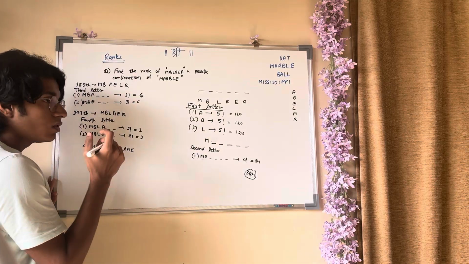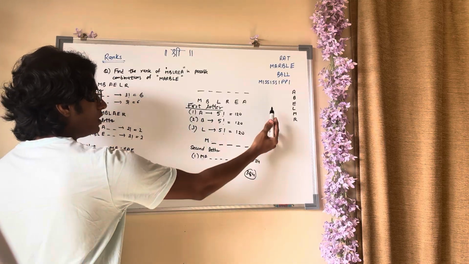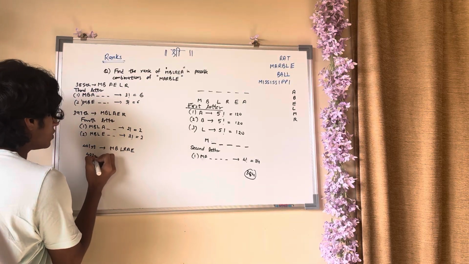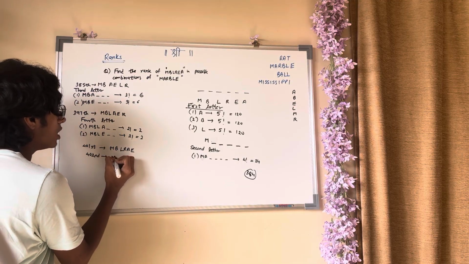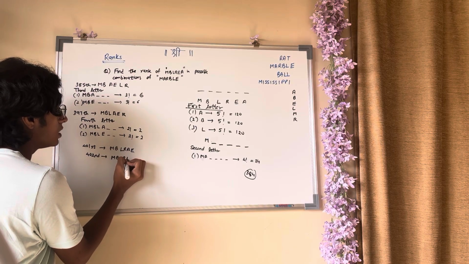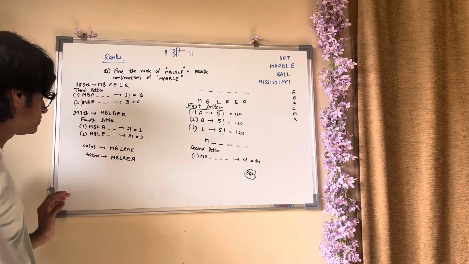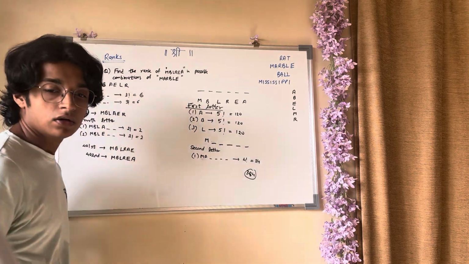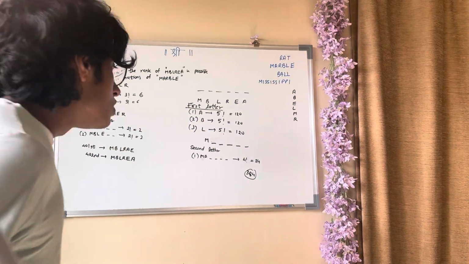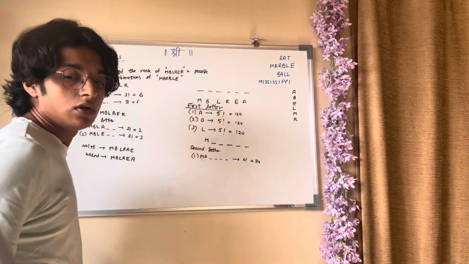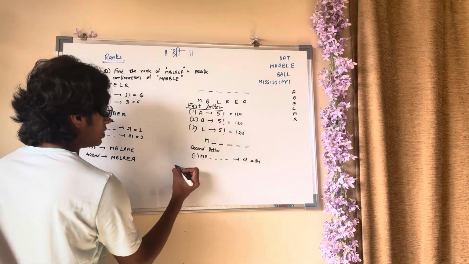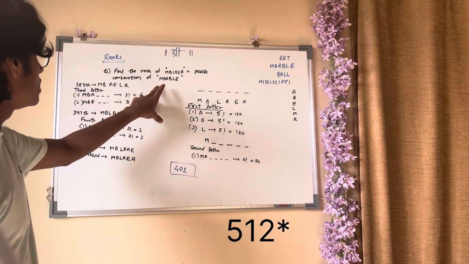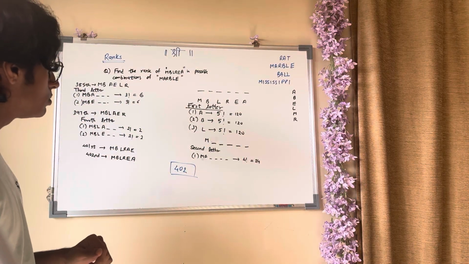So after A we have E, because that is the only letter remaining. So the 402nd word here would be MBLREA, and that was the word that we had to find. So the rank of the word MBLREA is 402 in all the possible combinations of the word MARBLE.